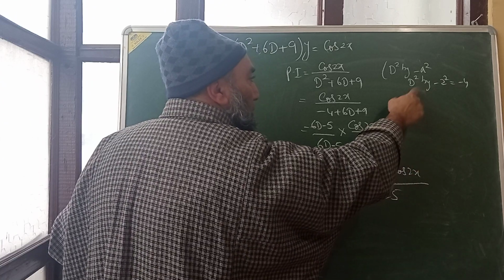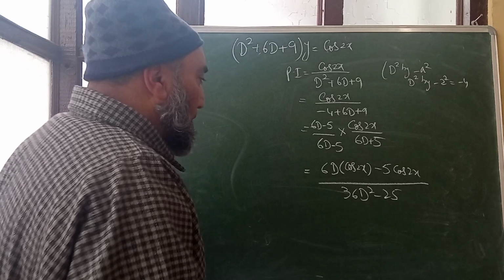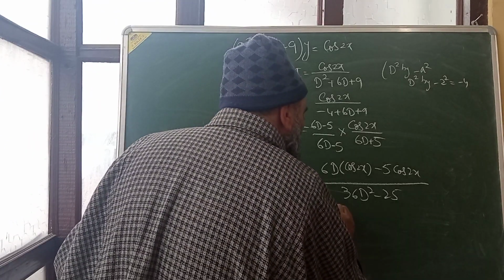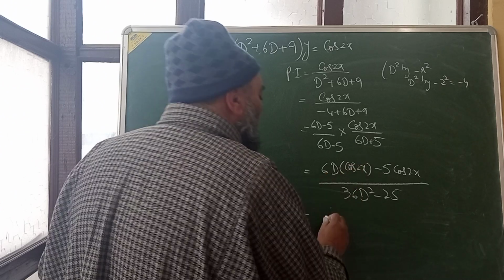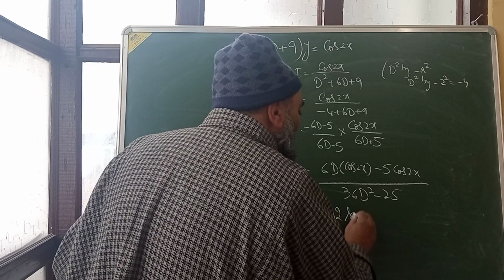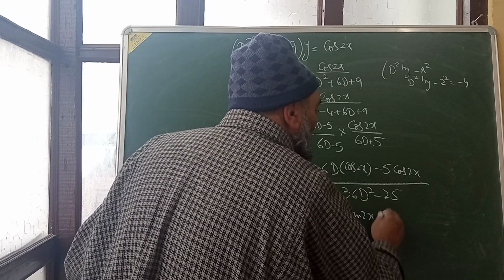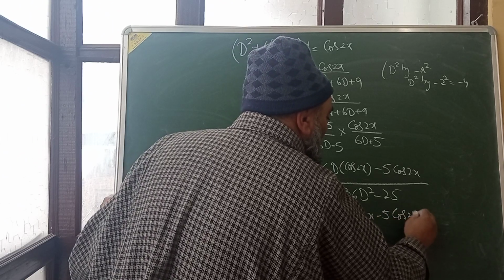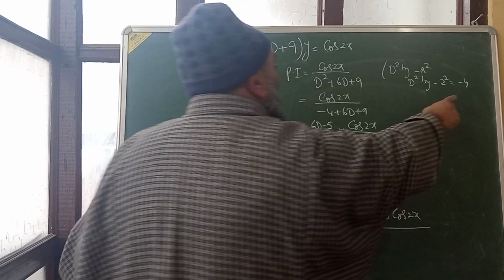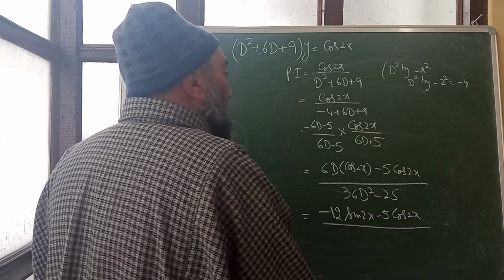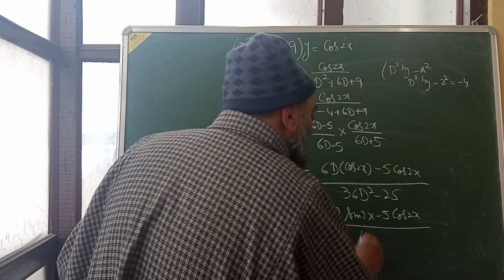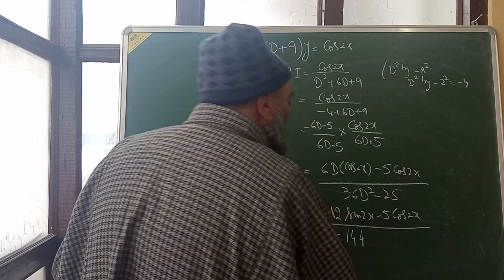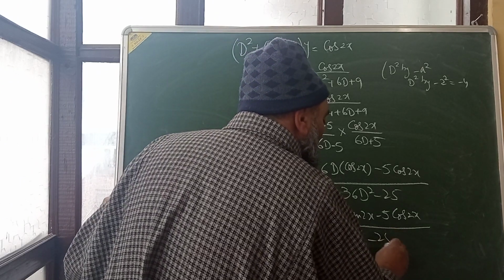D square will not change, D square is the same, minus 4. So this is 6, okay, what is the differential of cos 2x? It is minus 2 sine 2x. So minus 12 sine 2x minus 5 cos 2x divided by minus 4 into 36, that is minus 144, minus 25.